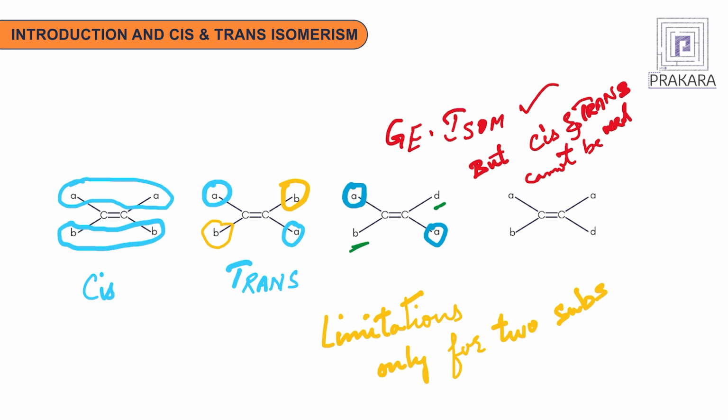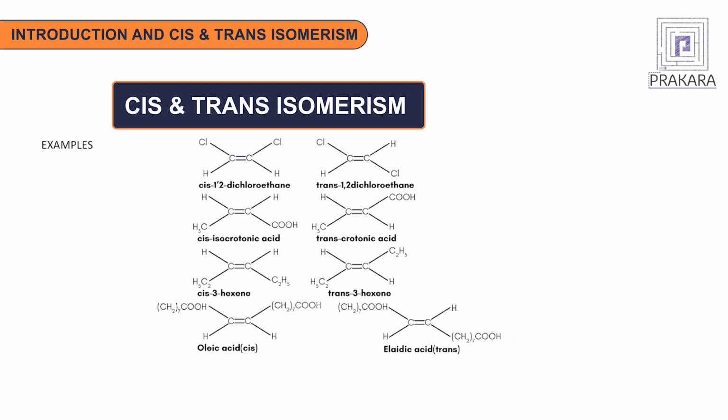Okay. For that, we need to use a different representation with which we can elaborate this geometrical isomerism into the various carbon-bonded compounds which have more than two substituents on the double bonded carbon. So that arrangement is called E and Z. Okay.